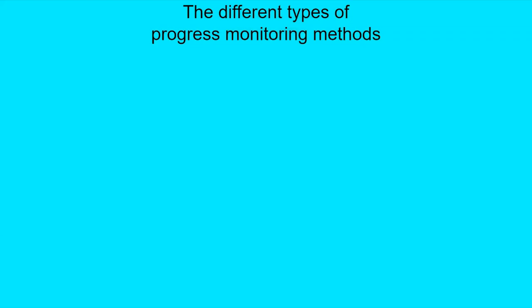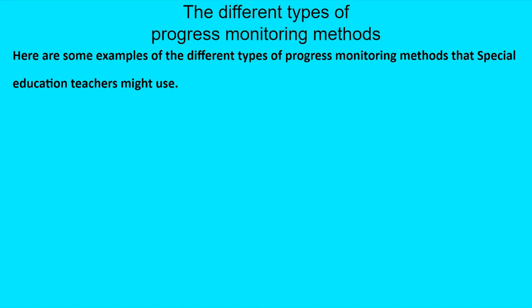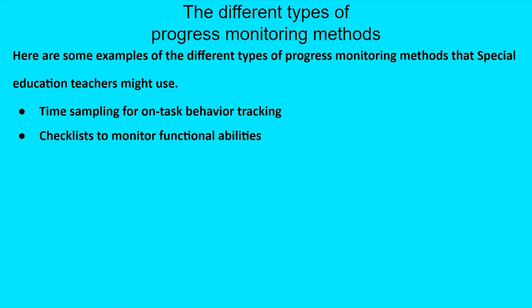The different types of progress monitoring methods are listed below. Here are some examples of the different types. Time sampling for on-task behavior tracking. This is usually done when we have things like a functional behavior assessment to gauge how often the student is on task. Checklist to monitor functional abilities.